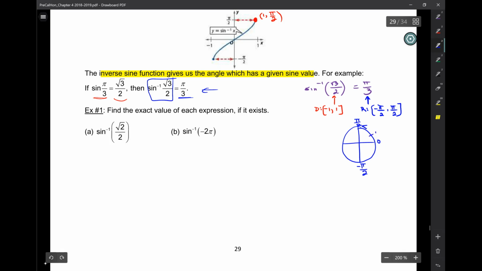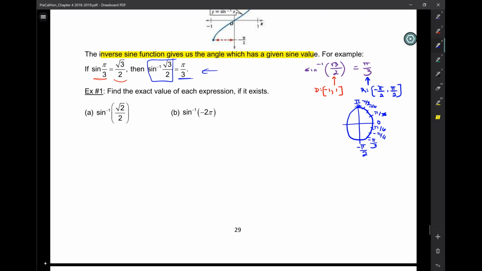This is pi over 4, pi over 3, pi over 6. And then here we have negative pi over 6, negative pi over 4, negative pi over 3. How many is that? 1, 2, 3, 4. How many values is that? 7. Your answers are only allowed to be one of those 7 numbers.